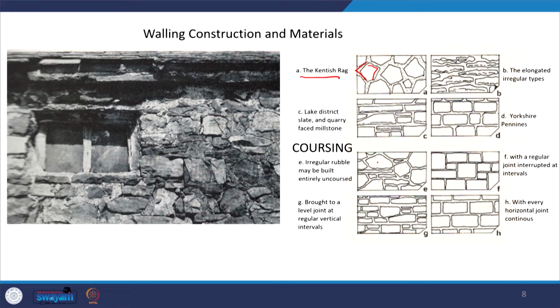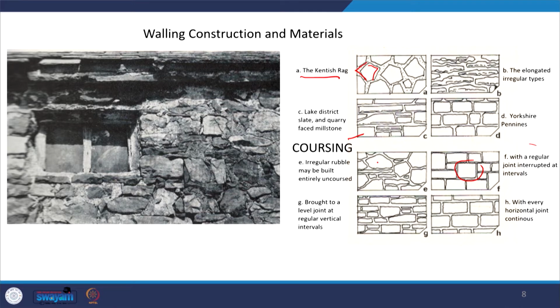You also have the Lake District slate, near Manchester, and irregular rubble masonry, and how it is coursed and uncoursed. At the same time, the joinery is a process with an irregular joint interrupted at intervals, so the bonding also becomes an important aspect of the aesthetics of the wall.